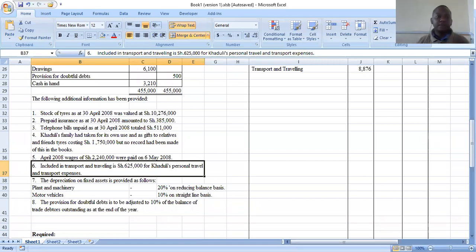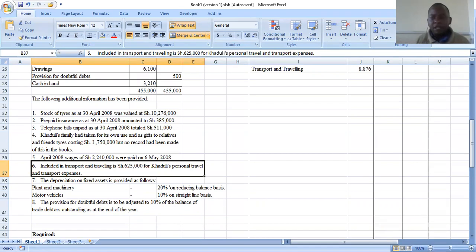Sawa sawa. We shall treat this as a drawing. So he withdrew from the travel expenses of the business. Part of it was enjoyed by him for his personal benefit, not for the benefit of the business. So this is like a withdrawal.